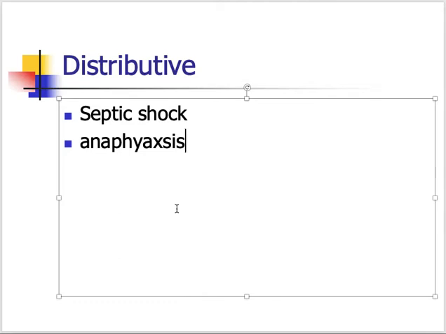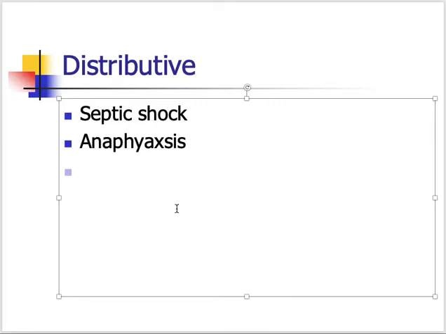What happens in anaphylaxis is there is release of histamine, which causes vasodilatation. What happens in septic shock is there is release of some toxins which causes vasodilatation.